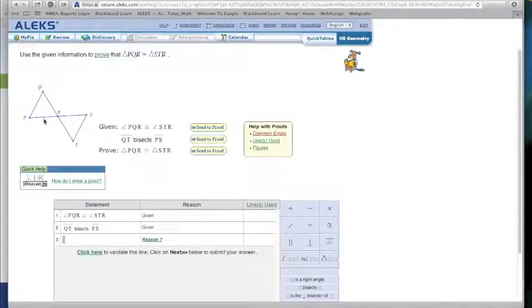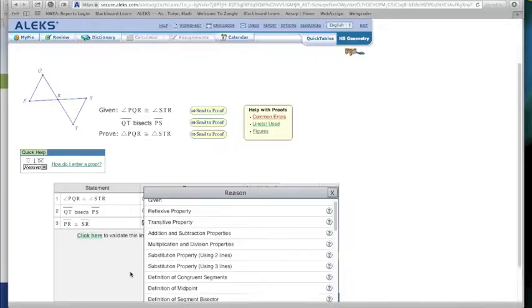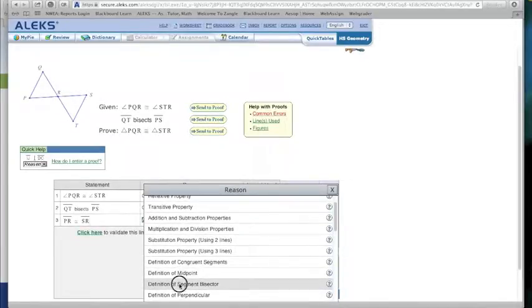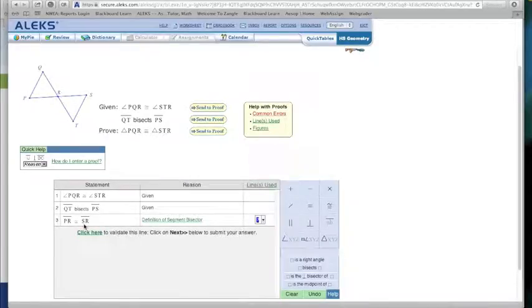So we'll say segment PR is congruent to segment SR. And the reason is that we are using a segment bisector to make that statement. So we're going to reference the line that states that we do have a segment bisector there. That's line 2.